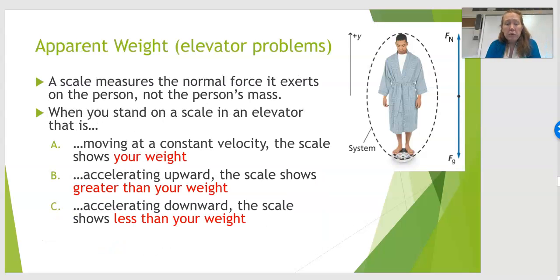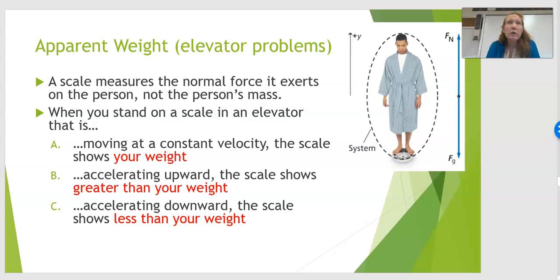Then when we talk about normal force, sometimes it does cancel with gravity and it has the same magnitude as gravity. But sometimes it doesn't. And so when you look at your scale, for instance, if you have a bathroom scale at home, what that scale is showing is really not your weight. It is the normal force that it is putting on you.